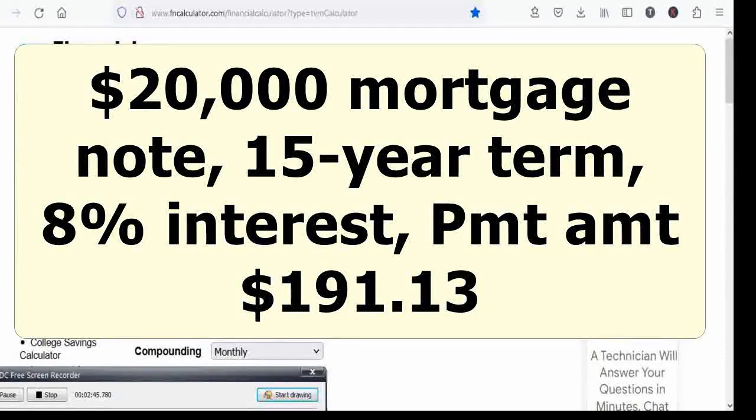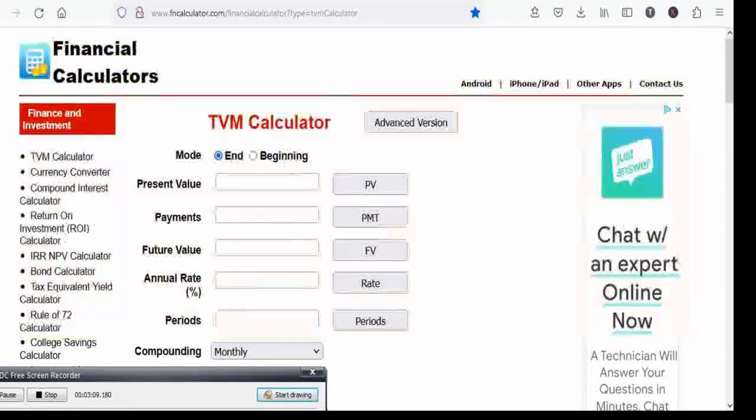Though you pay less for the note, the monthly payments aren't going to change. The payment amount is always going to be $191.13 every month, as we'll be seeing shortly. So given all of this, the question really is, if you're receiving payments of $191.13 for 15 years, how much must you pay to get a 13% yield?